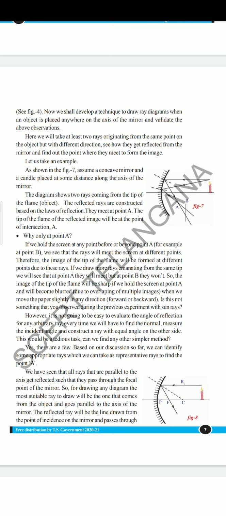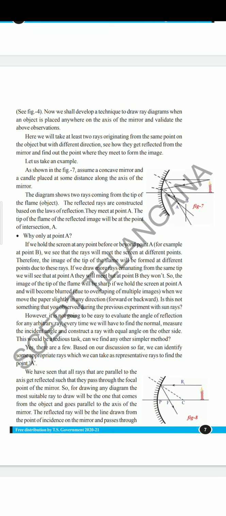Here we will take at least two rays originating from the same point on the object but with different direction. See how they get reflected from the mirror and find out the point where they meet to form the image. Let us take an example. As shown in the figure 7, assume a concave mirror and a candle placed at some distance along the x-axis of the mirror.